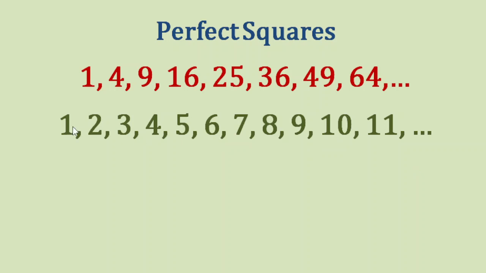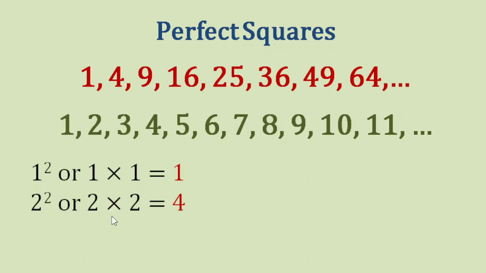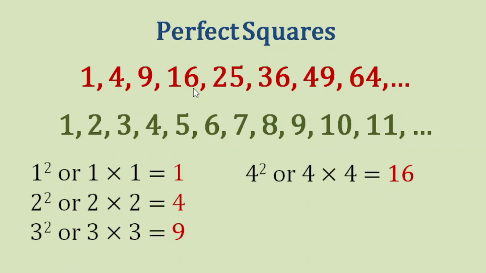For example, we take 1 and square it. 1 times 1 is 1. This is the first perfect square we have on our list. If we take 2 and square it, that means 2 times 2, that gives us 4. Then if we take 3 and square it, we get 9. If we take 4 and square it, we get 16.